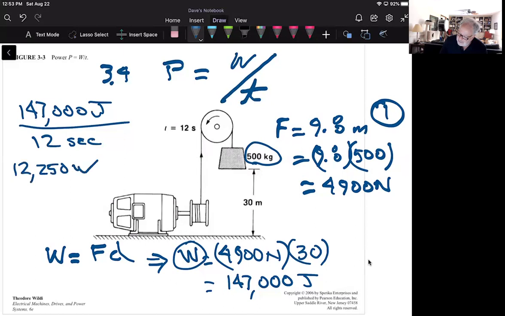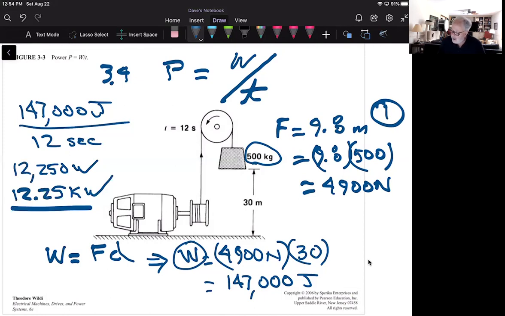A preferred way to write that in engineering notation would be 12.25 kilowatts. And so that is the actual power. It's the rate of the work.